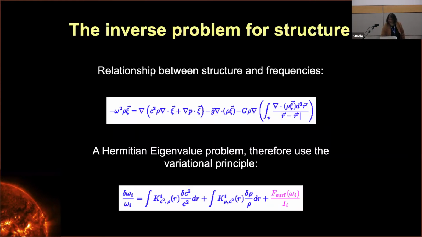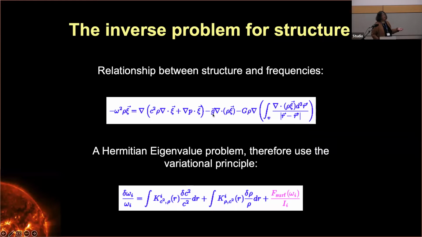Now, it's easier said than done, of course, because the relationship between structure and frequencies is this equation. Omega are the frequencies, we observe them. Rho and c are the two variables that we want to find out. Now, P is pressure, but that, through hydrostatic equilibrium, depends on the density.